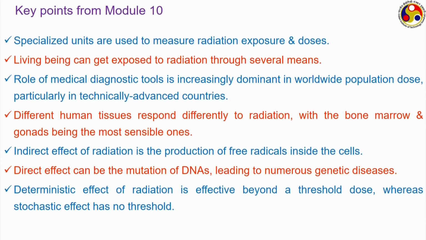Deterministic effect of radiation is effective beyond a threshold dose, but once the threshold is breached, the severity of the effect is directly proportional to the dose itself. Whereas the stochastic effect has no threshold; it may or may not appear and is very difficult to predict, but the larger the dose, the more likely these stochastic effects are to appear.